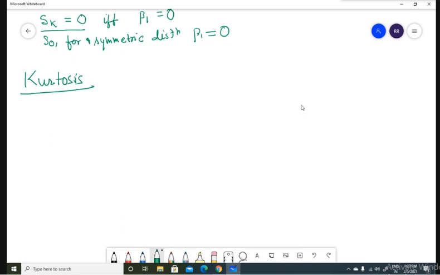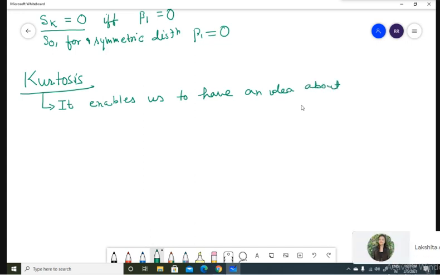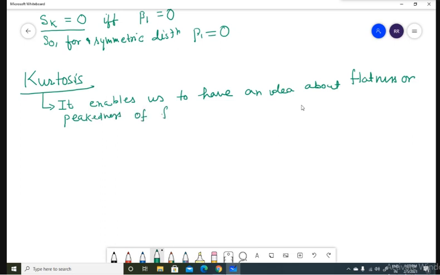Okay, so what is kurtosis? Kurtosis enables us to have an idea about flatness or peakedness of the frequency curve.